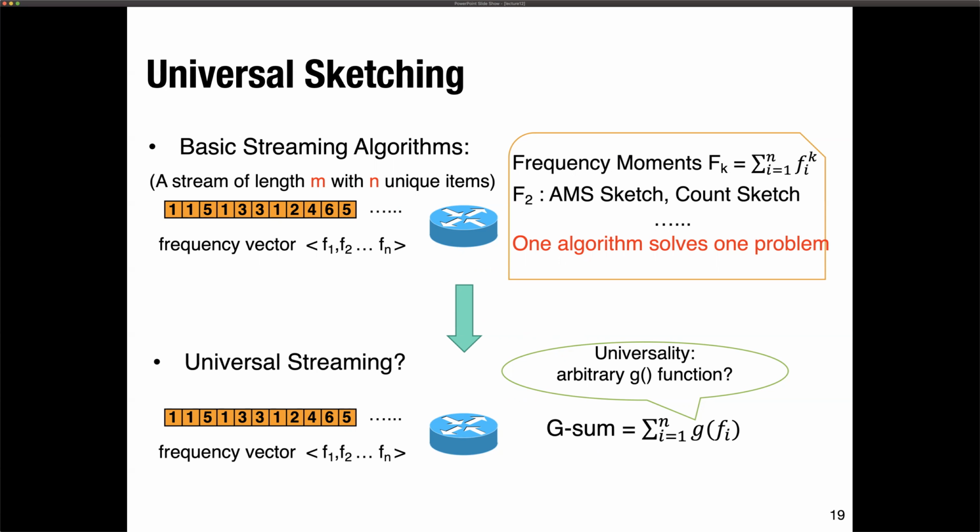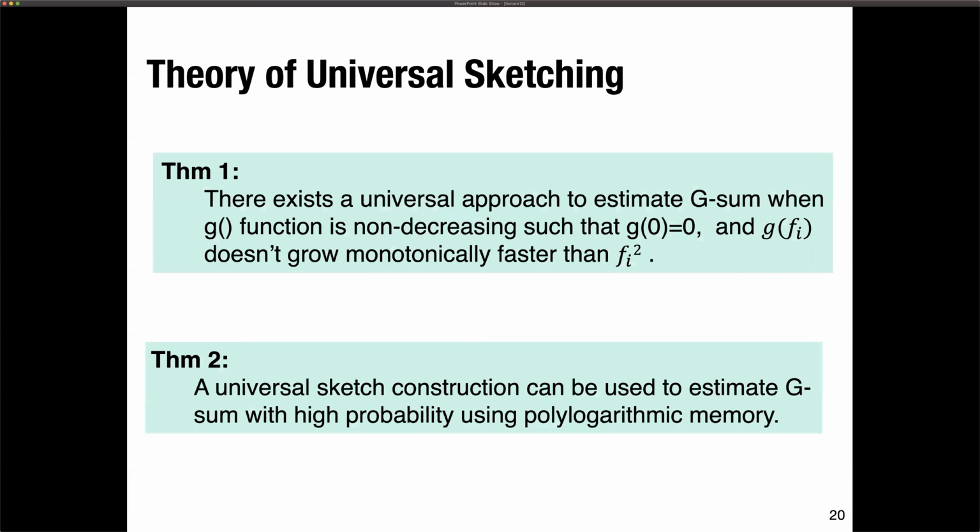Is there any way in which you can arbitrarily use some g function and do a simple universal streaming, right? That's a question which was posed in this research, and it was based upon some theoretical results. So the theory of universal sketching, and it's okay if you don't understand the nuances of it. My goal is not to force you to understand these theoretical results, but to build some intuition about universal sketching.